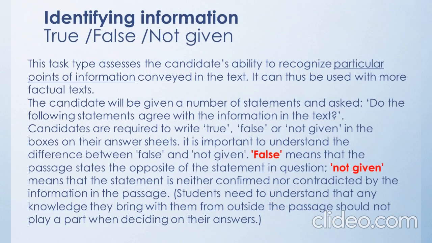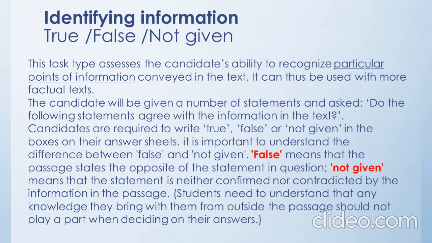Okay, here is more detail on these two types of tasks. True, false, not given. Actually, it's not the name of the task. The actual name is identifying information. In this type of task, you should be able to recognize particular points of information from the text, and it is used more in factual texts.